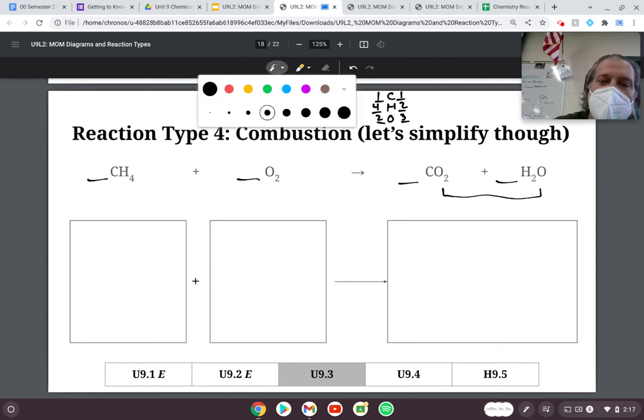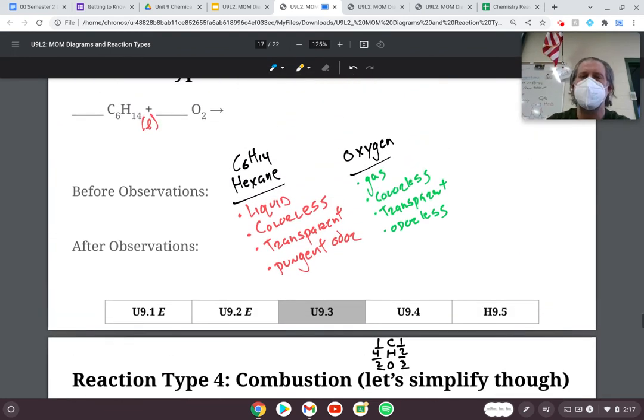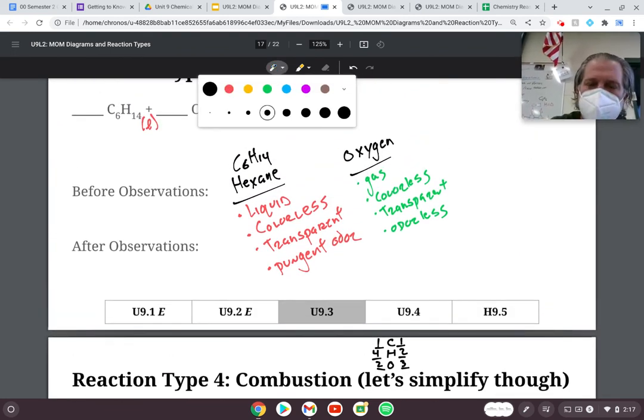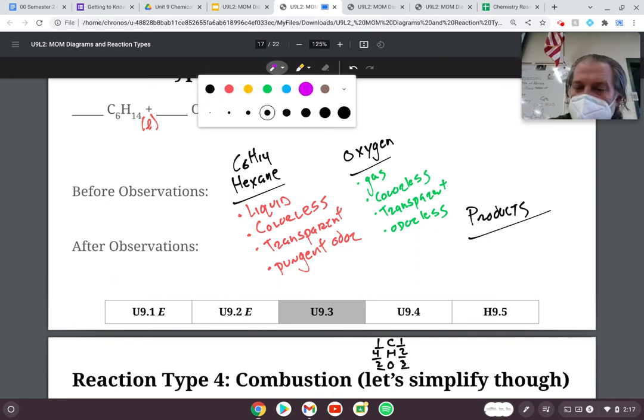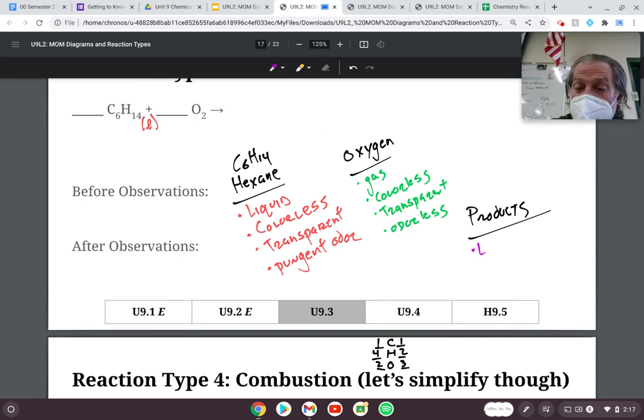When I go to balance this, let me go back up. We didn't talk about products. I got ahead of myself. Products. Obvious products were things like light, heat, fire, right?